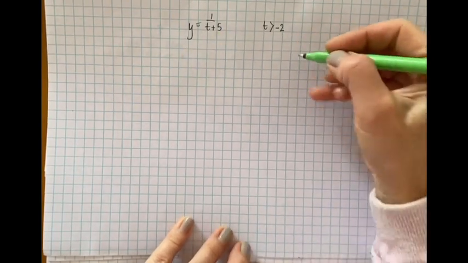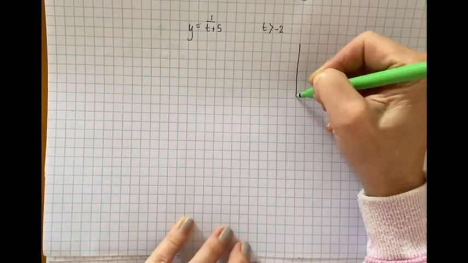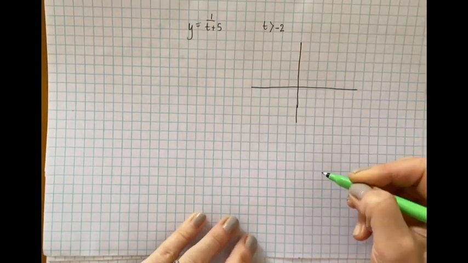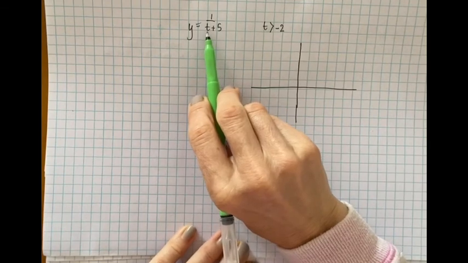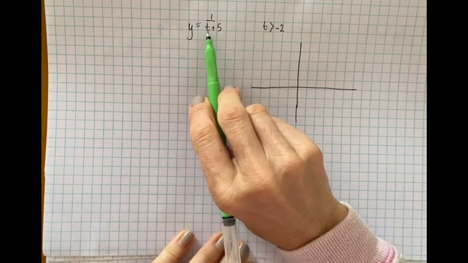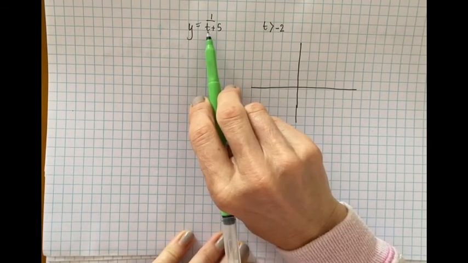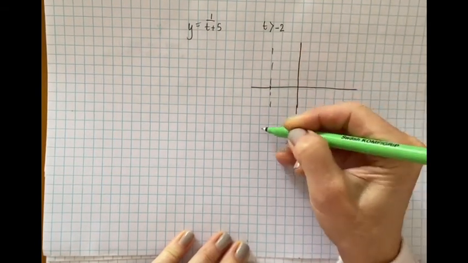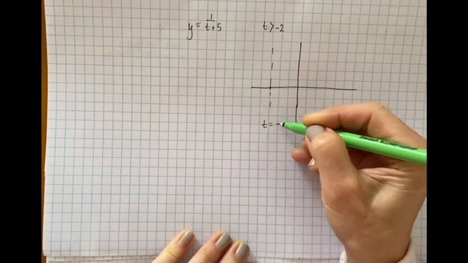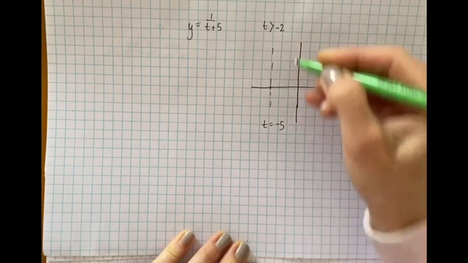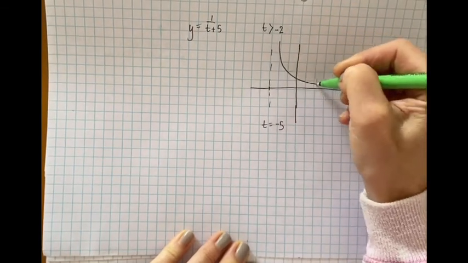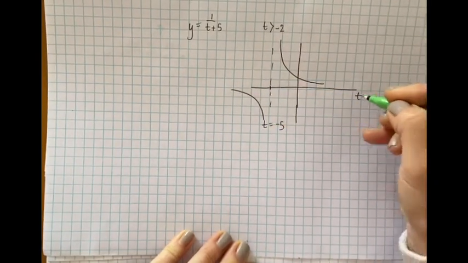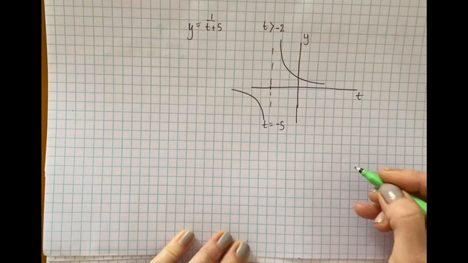If you do it every single time, you will become very quick. And also if you've got a graphical calculator, that will help you. The reciprocal graph is shifted 5 units to the left because it's t plus 5. So the asymptote shifts to t equals minus 5. And then you've got positive branches, because it's just your 1 over t, or 1 over x, if you like.